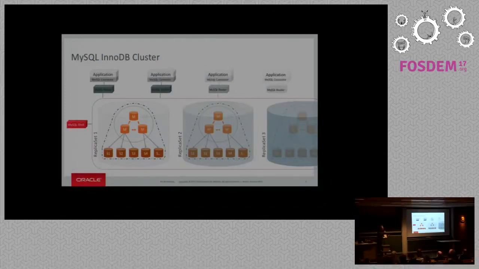Group replication is a tiny but important piece within the MySQL InnoDB Cluster. The idea of the MySQL InnoDB Cluster is to be a fully distributed database solution. We have the router, which is responsible for sending the query to a specific replica set.